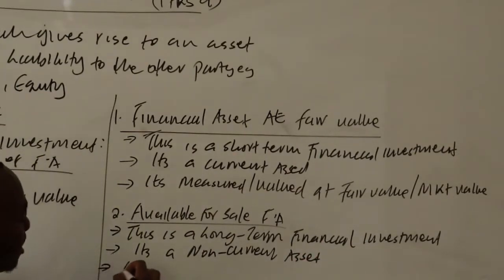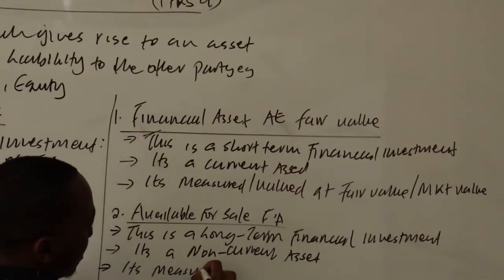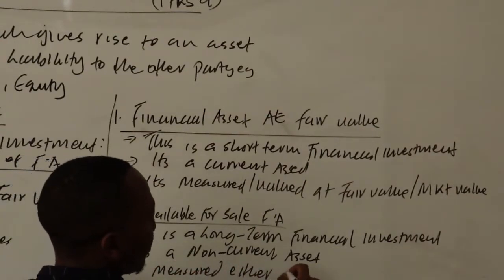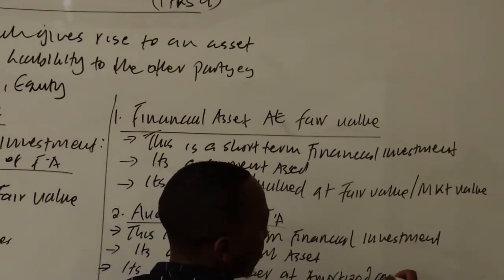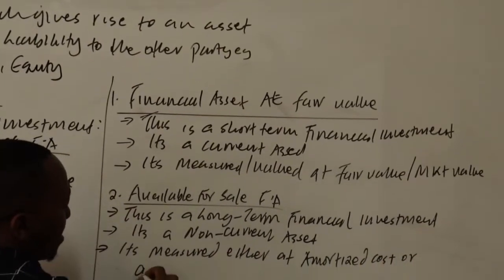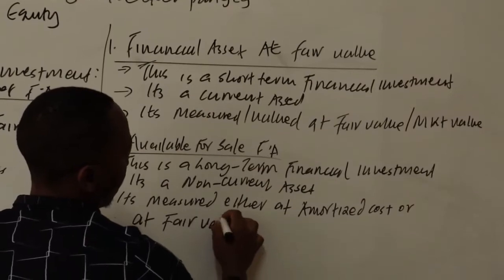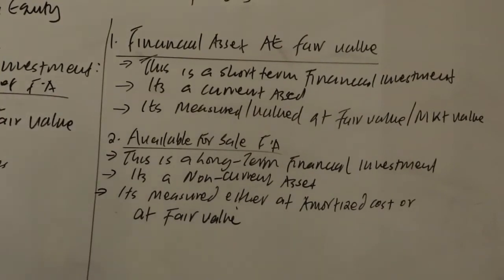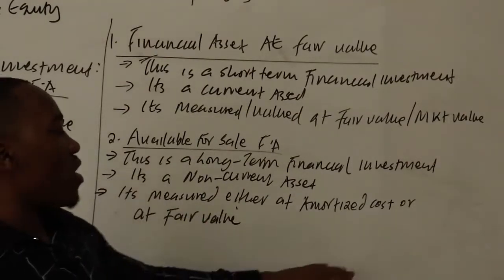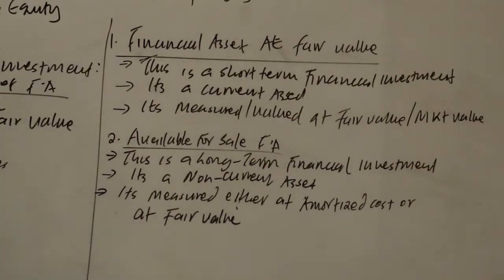And it's measured or valued either at amortized cost or at fair value. That's how we measure available for sale, either at amortized cost or at fair value. Good. So that means a financial instrument can be measured either at fair value or at amortized cost.